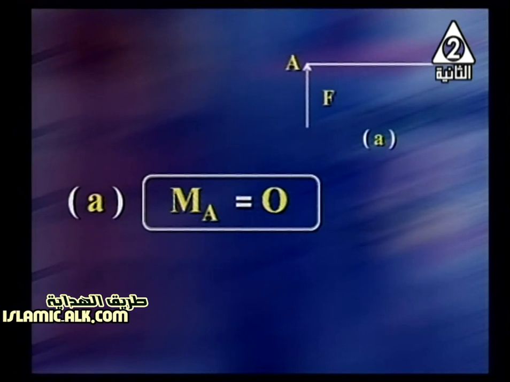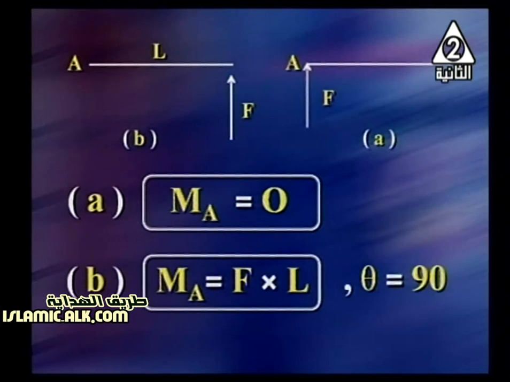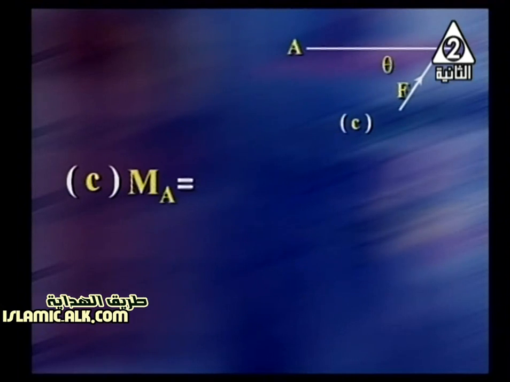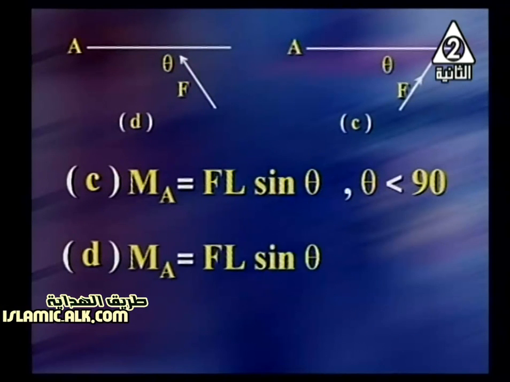In figure B, the moment equals F times L. In figure C, theta equals what? 90 degrees, perpendicular. In figure C, the moment equals FL sine theta, because F is inclined by the angle theta, and theta is smaller than 90 degrees. Also in D, the moment about point A equals FL sine theta. In this case, theta is more than 90 degrees.